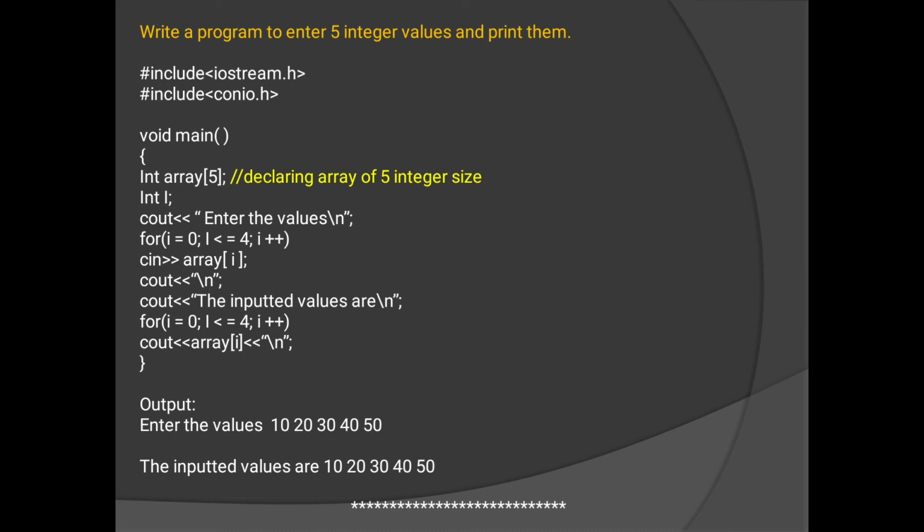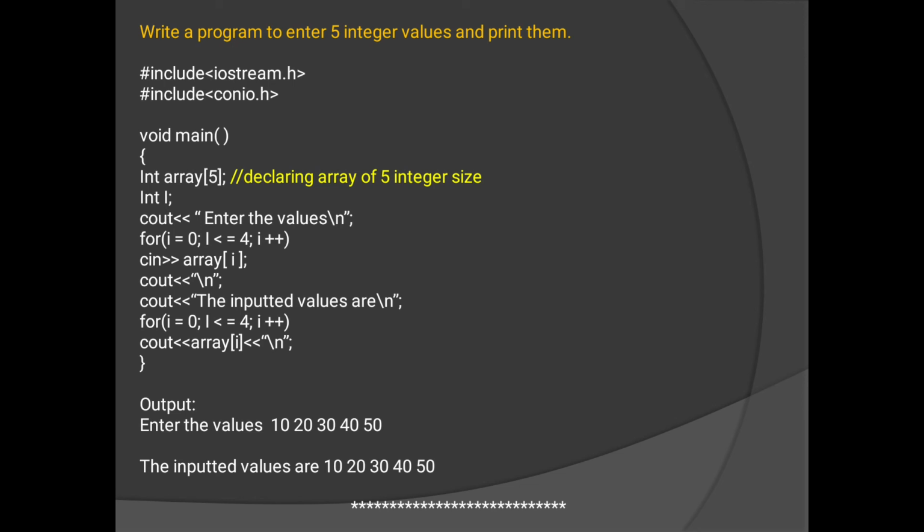Now, int i: here you are declaring another variable i, which is the counter variable to be used in the for loop, since in the for loop we use the counter variable for the initialization, test condition and iteration. Next is cout. Cout is your standard output stream.